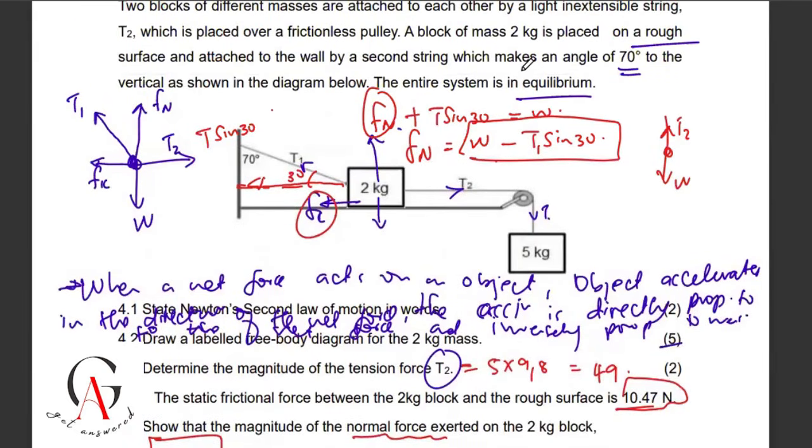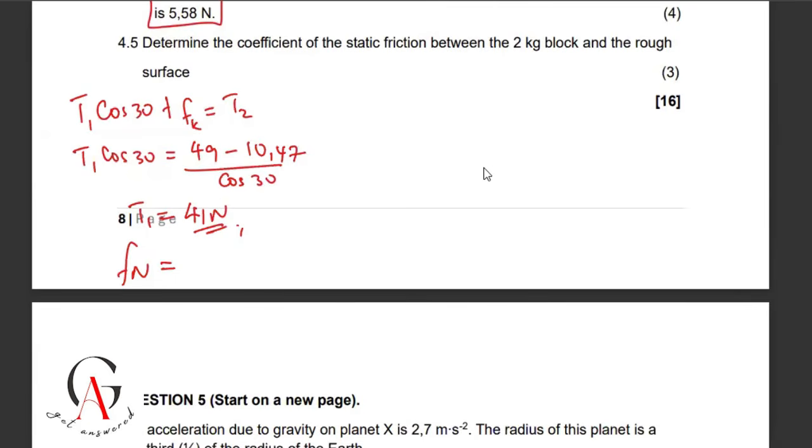So if this is moving this side, this must move upwards. So what is 41? We subtract 2 times 9,8. Okay, so 41 minus, no, something is off here. Something seems to be off here.